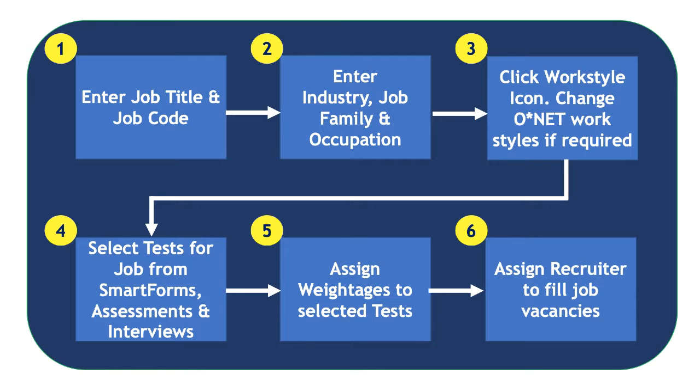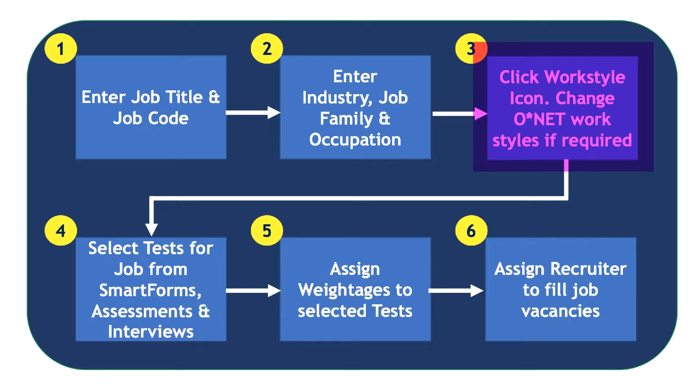In step 1, you enter the job title and job code, and then in step 2, you enter information on the industry, job family, and occupation. In step 3, you select the required work styles for the job retrieved from the ONIT database.